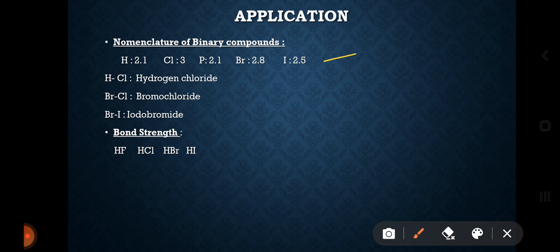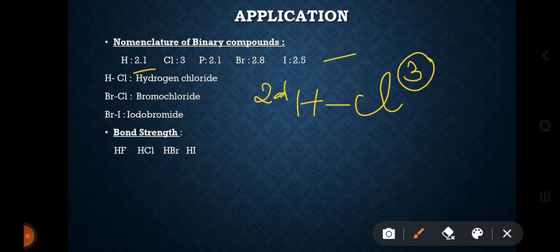How can we give names to some of these compounds? Here you have hydrogen chloride, HCl. You write it as hydrogen chloride but not as chlorohydride. Why is it so? Hydrogen has an electronegativity value of 2.1, and chlorine has 3, which is greater than 2.1.